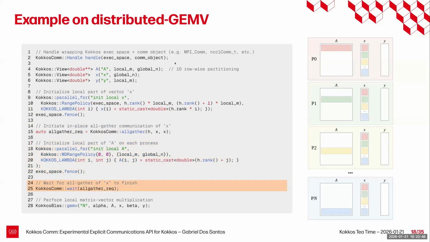Then we can wait on the all-gather to complete while we are initializing A. And now that all processes have their local part of A and the full X vector, we can perform the matrix vector computation. So that's for the example.